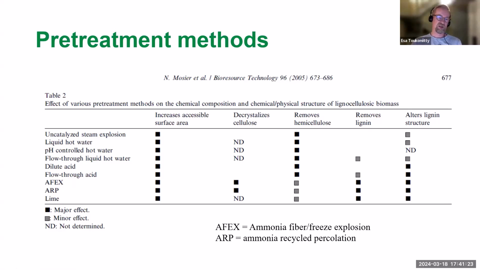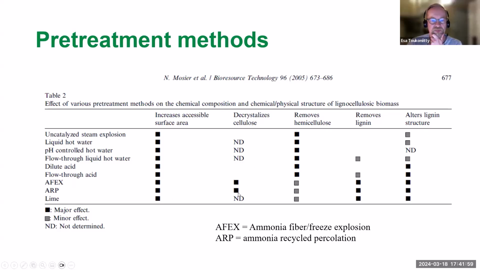I mentioned that the heat is used for the pulp and paper processes, but the lignin has these valuable aromatic building blocks or monomer units, and those can be used in the petrochemical industry to make quite important basic chemicals. So the different methods have different effects, and all of them increase the surface area.